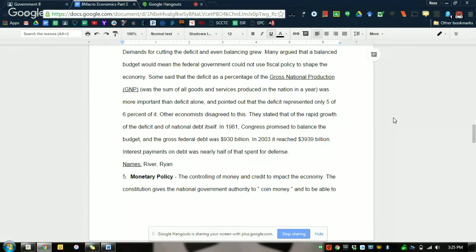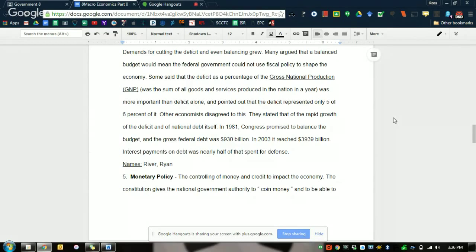Probably the best way to explain this is if we were to take anything and everything that was produced in the United States and any service that was given, including restaurants and servers, or mechanics on vehicles, or teachers, or nurses, anything, everything, any service that's provided and any good that's produced, and we threw them in a big pile, that would be the GNP.